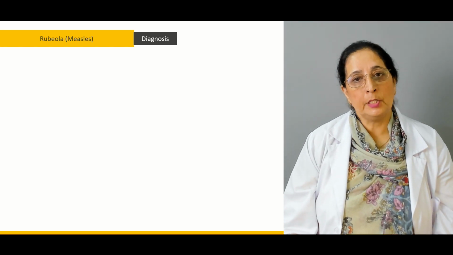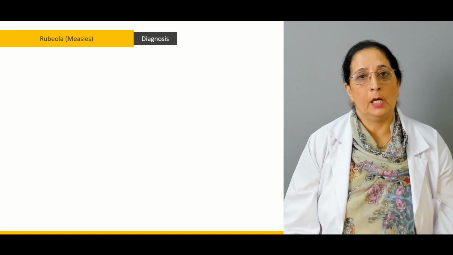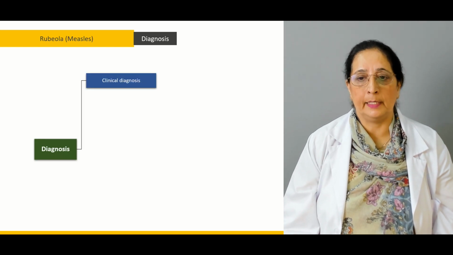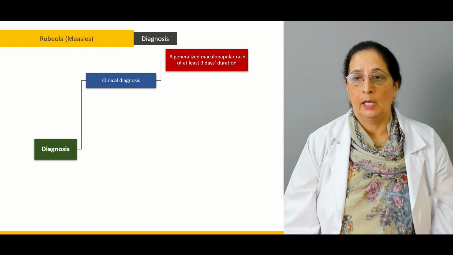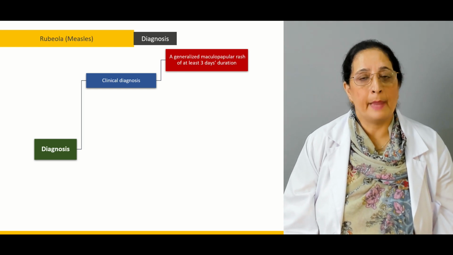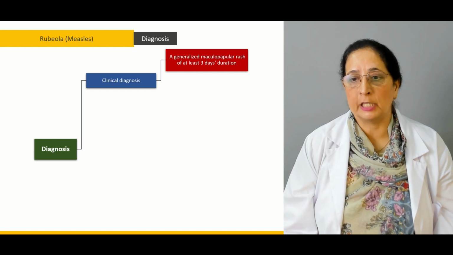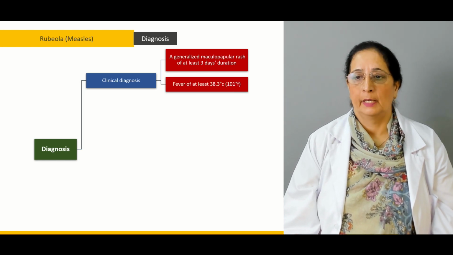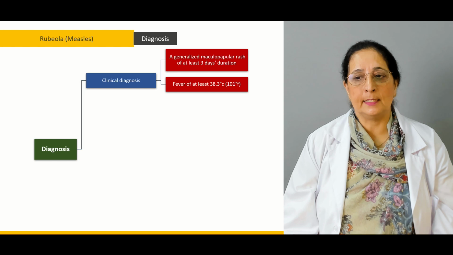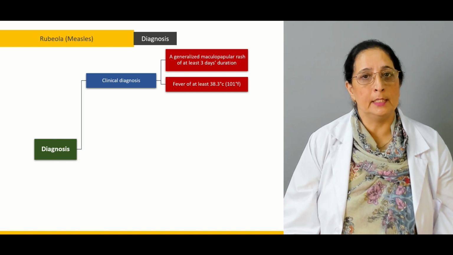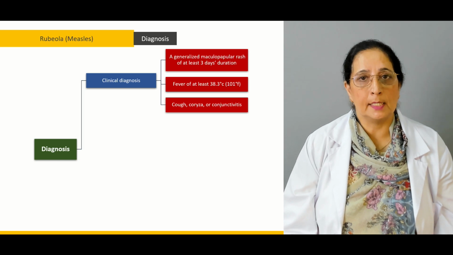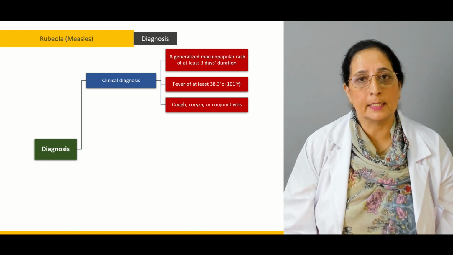For the diagnosis of rubeola and measles, we have a clinical diagnosis: a generalized maculopapular rash of at least 3 days duration, fever of at least 38.3 degrees Celsius, and cough, coryza, or conjunctivitis.